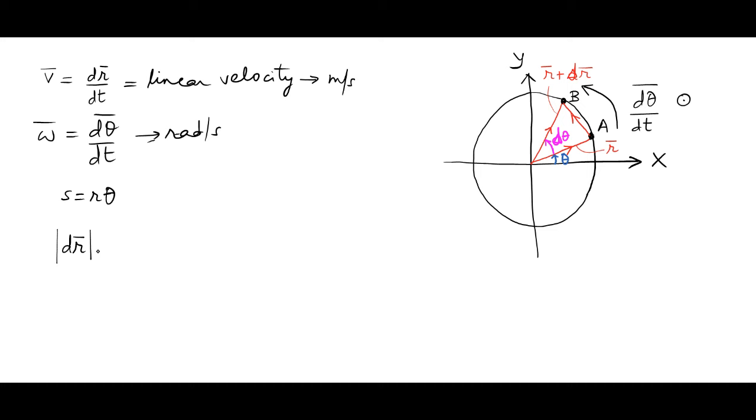So it's mod of dr bar, and that's equal to the radius, which is mod of r bar, multiplied by the angle, which is mod of d theta bar. So that's S is equal to r theta, written in terms of this particular displacement from A to B.